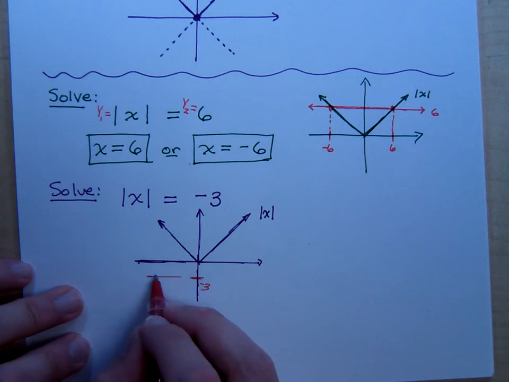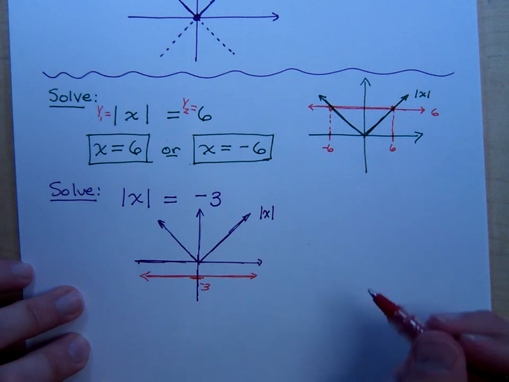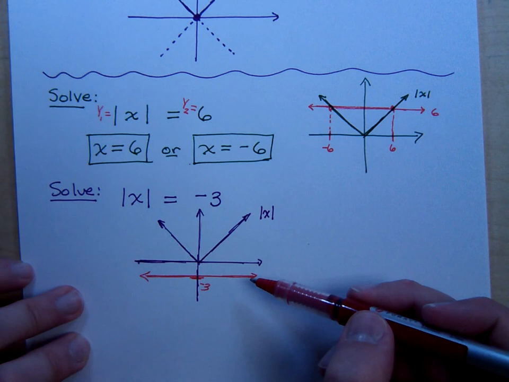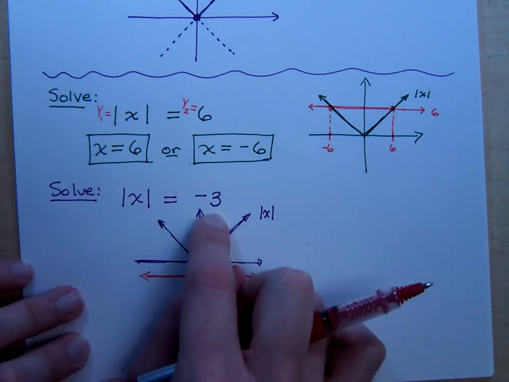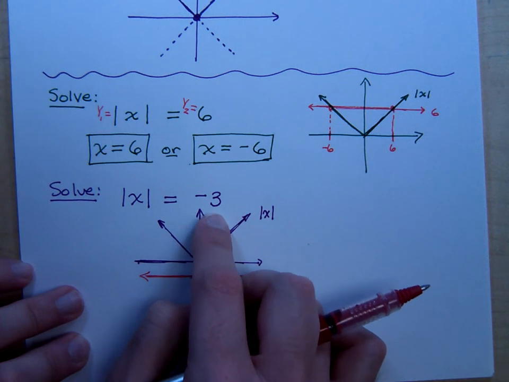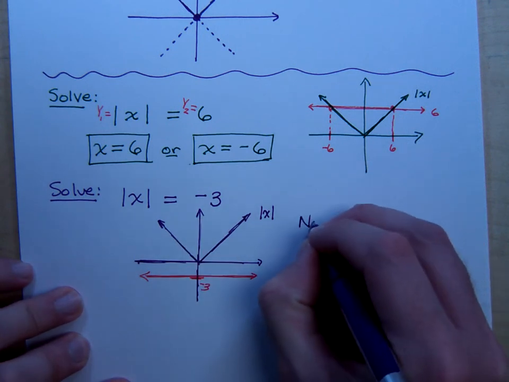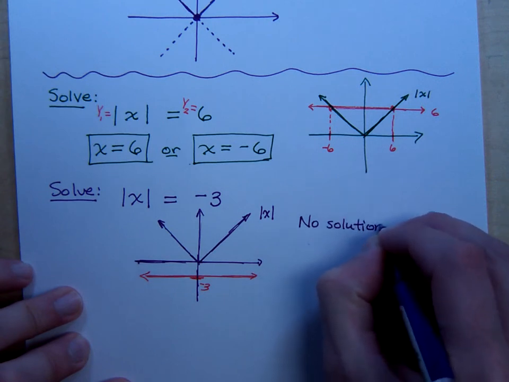And you draw your horizontal line. How many points of intersection do I have between the absolute value and this horizontal line? None. Because when does the absolute value equal a negative? Never. So what would we say about the solution here? There is no solution.